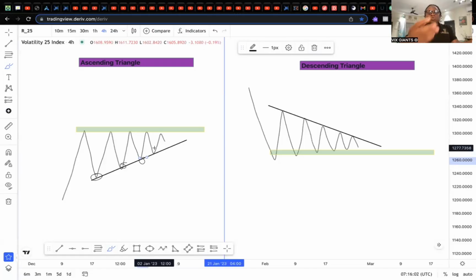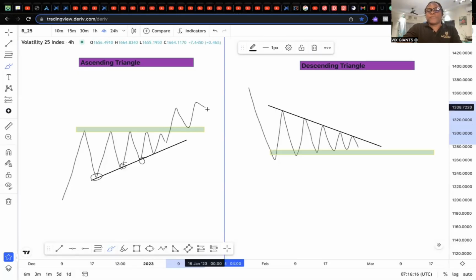So usually when we're seeing this, we're expecting that eventually price will break the resistance. And upon breaking the resistance, we normally wait for a pullback to the zone or to the area for price to retest and just continue to the upside.